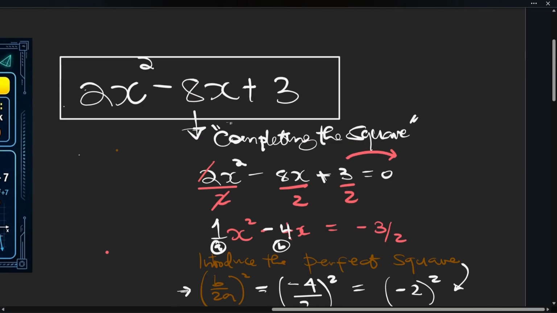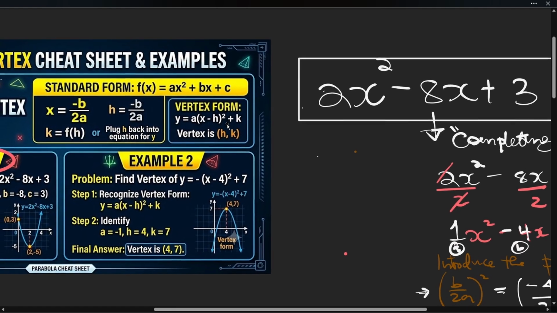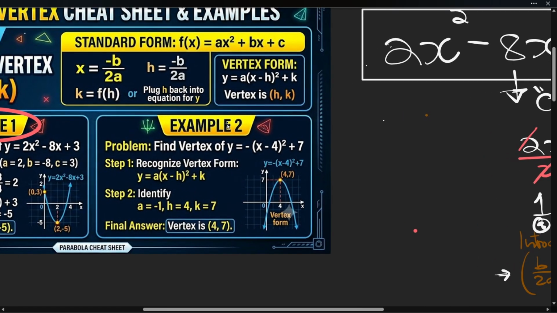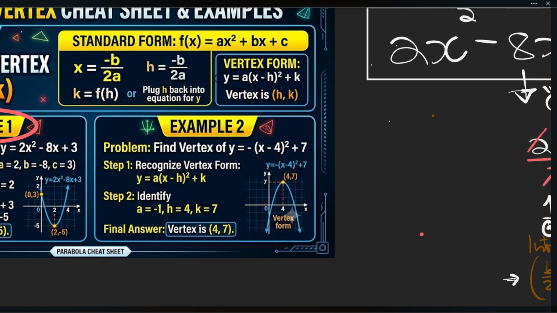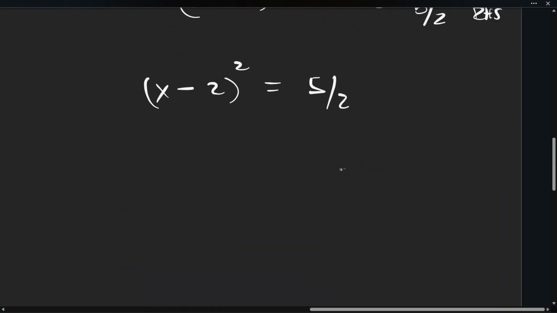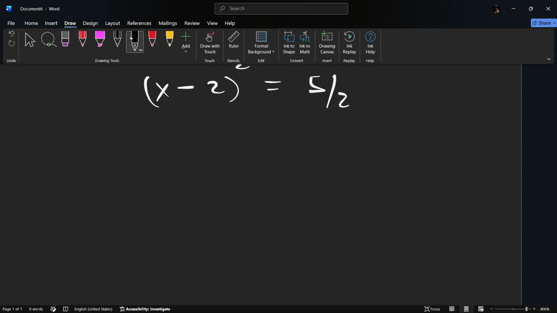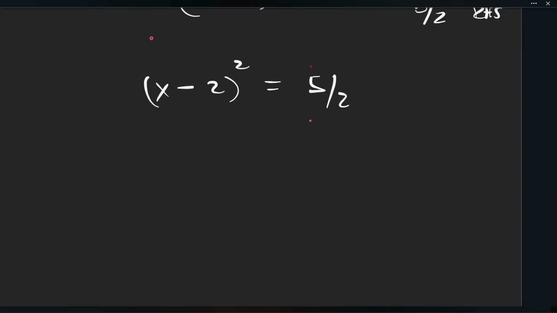And see, it almost looks like the vertex form. So what you ought to do now is bring the 5/2 back over. So you're going to have x minus 2 squared minus 5/2 is equal to 0.